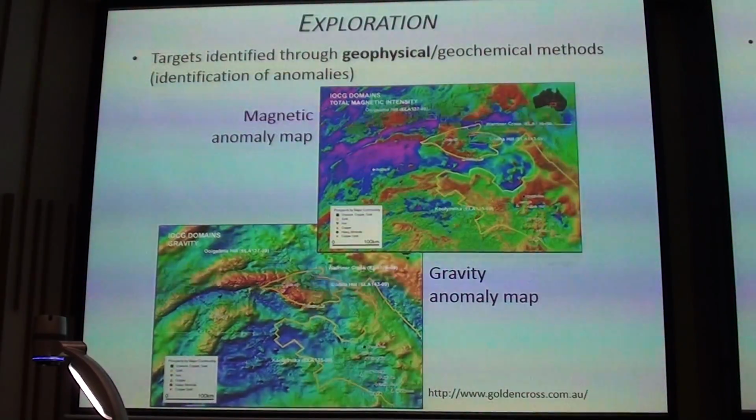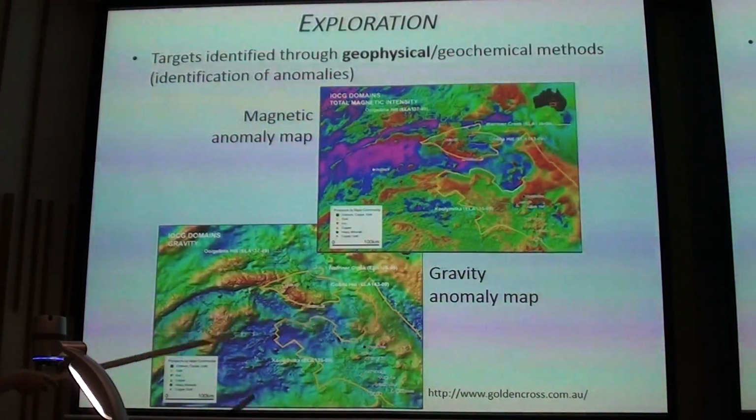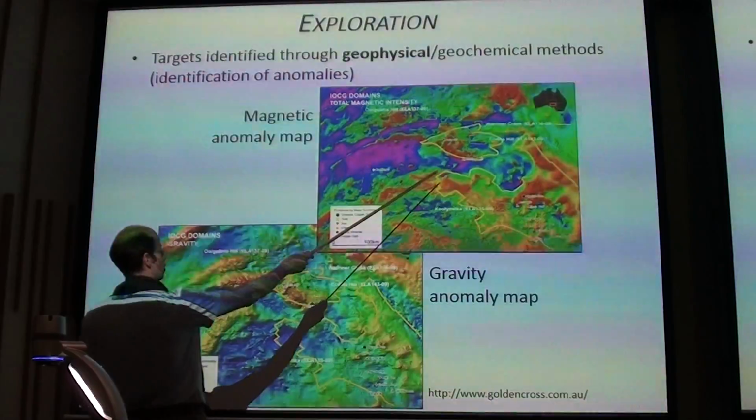So, what's the process of finding ore deposits? We start with exploration, where we start with a large-scale area, and we get airplanes to fly above it. We get geophysical surveys, such as magnetic surveys or gravity surveys, and then the geophysicists back at the office look at these maps and say, oh, there is an anomaly here that corresponds to an anomaly there.